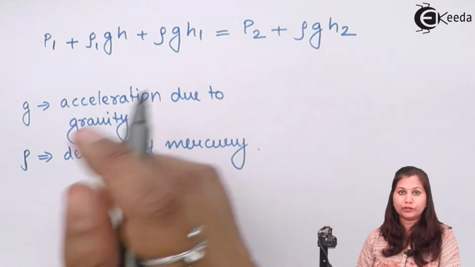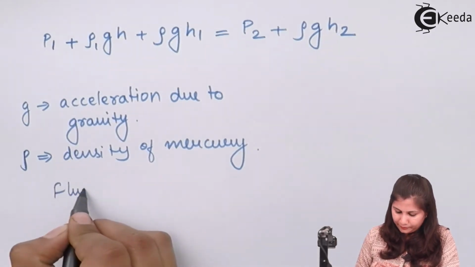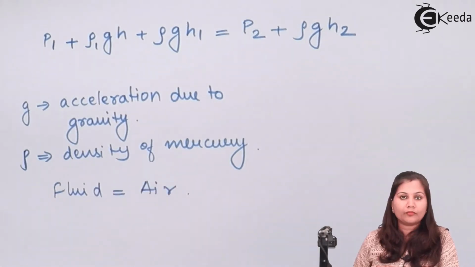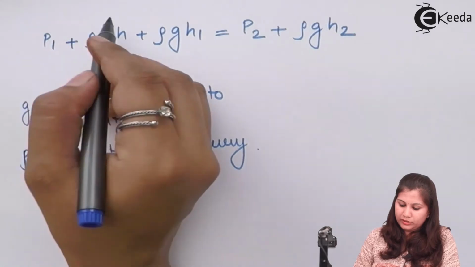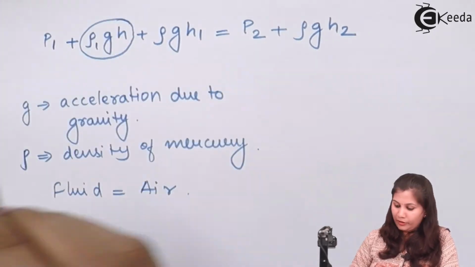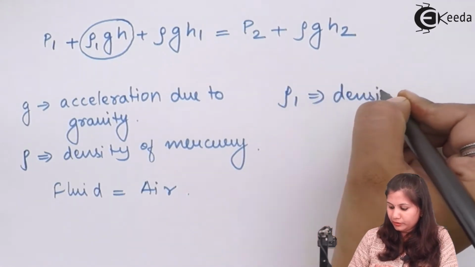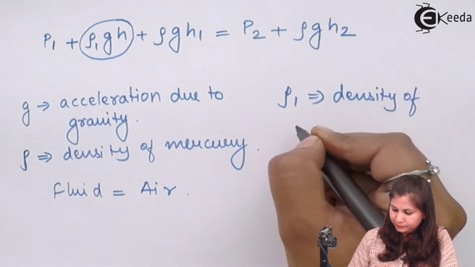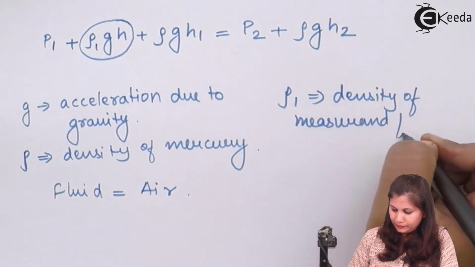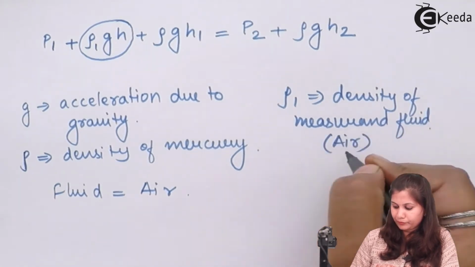Now suppose that the fluid whose pressure we want to measure is air. So this term rho 1 GH, where rho 1 was the density of the measuring fluid, and we have supposed that this measuring fluid is air.